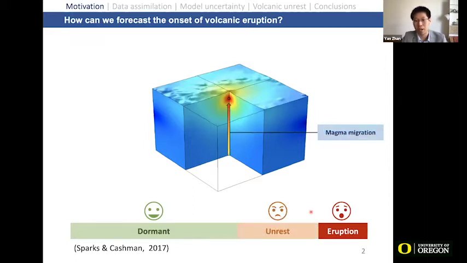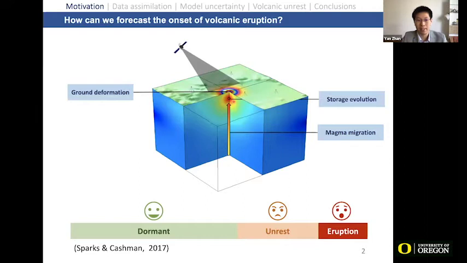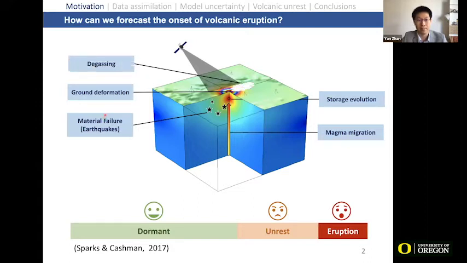Due to the possible magma migration and storage evolution, the physical conditions surrounding the magma reservoir will change dramatically, which will make the surface deform or create some failure, which is earthquake, and also degassing. So in my talk, I will focus on ground deformation and earthquake.